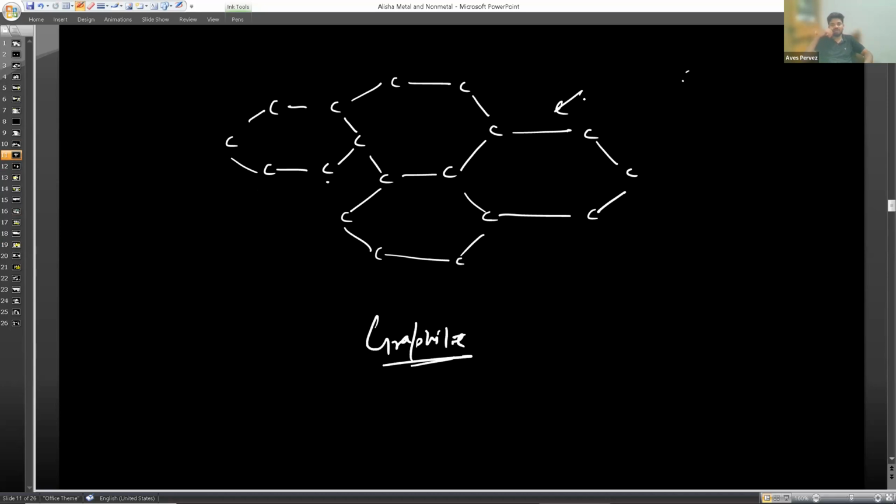Carbon is a non-metal, but the arrangement of carbon atoms in different patterns changes the physical properties. Due to the hexagonal arrangement, graphite is able to conduct electricity.